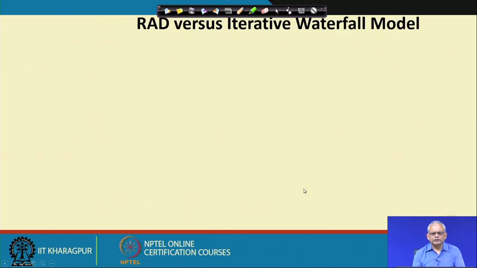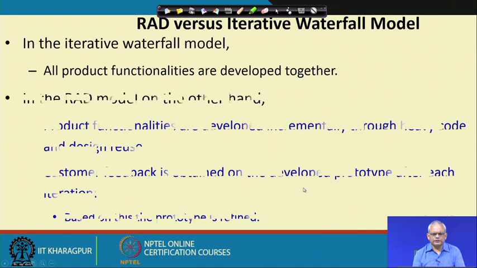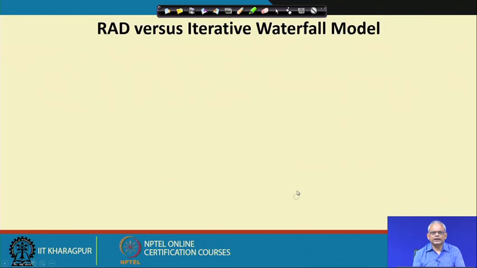But how does RAD compare with the iterative waterfall model? In the iterative waterfall model, initially all requirements are captured and all functionalities are developed together, whereas in the RAD model these are incrementally developed. So, it has similarity with the incremental development model, and on each increment the customer's feedback is obtained, and therefore customer interactions are high here.